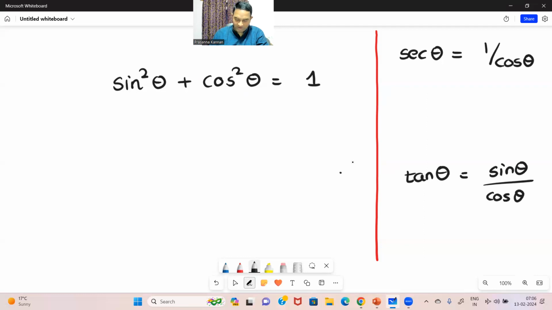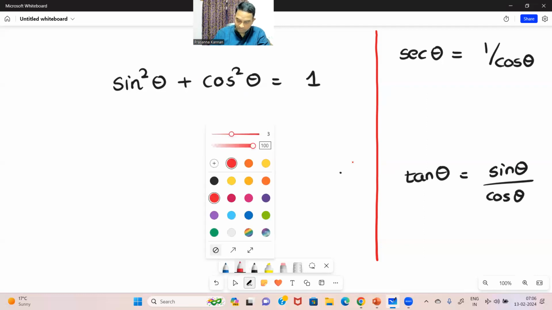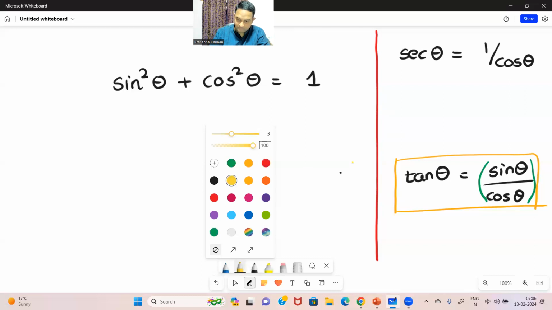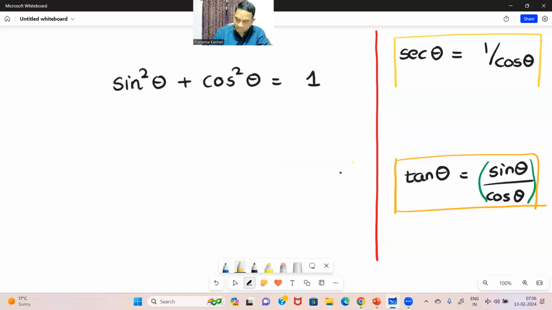This we have to recall, correct? So how can you write tan theta? Sine theta by cos theta. And how can you write secant theta? 1 by cos theta. Is it okay?